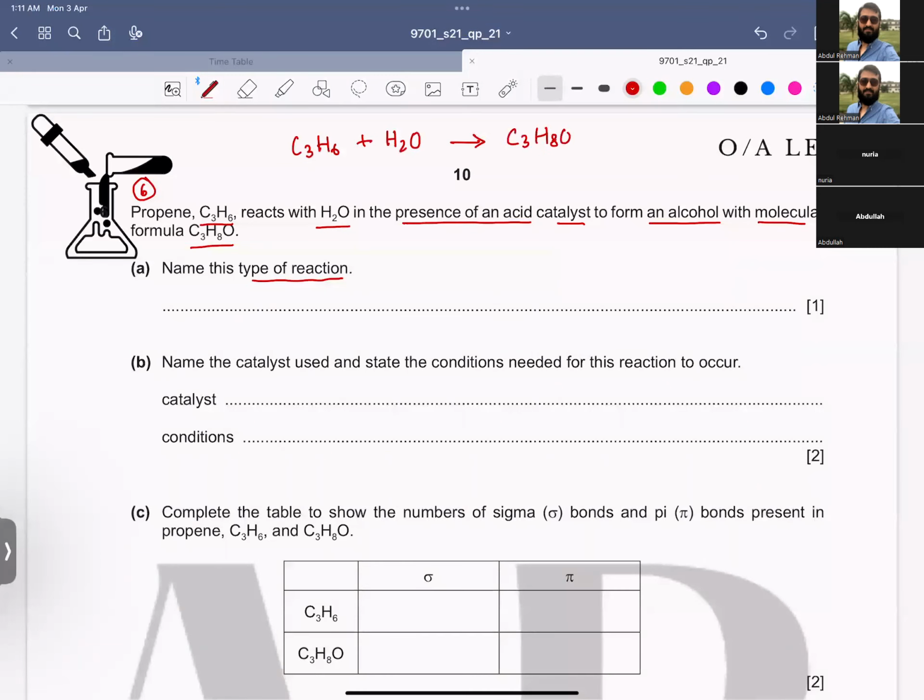Can anybody identify the type of reaction by looking at the equation? Addition. Addition reaction. Very good, because there are two reactants and we are getting one product as the atoms of both the molecules combined with each other. So it's an addition reaction.